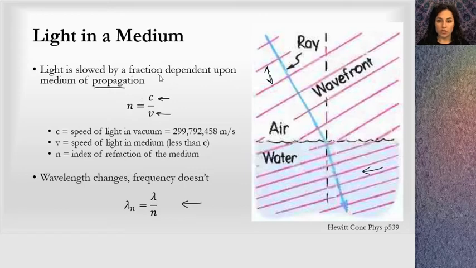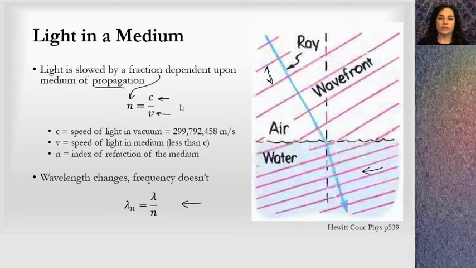And the fraction here, the index of refraction, this is called n, the index of refraction, is the original speed of light divided by the speed of light in that medium. And that's the definition of the index of refraction. It's just a ratio of those two speeds.